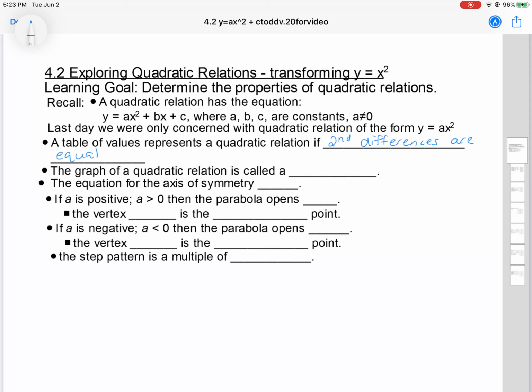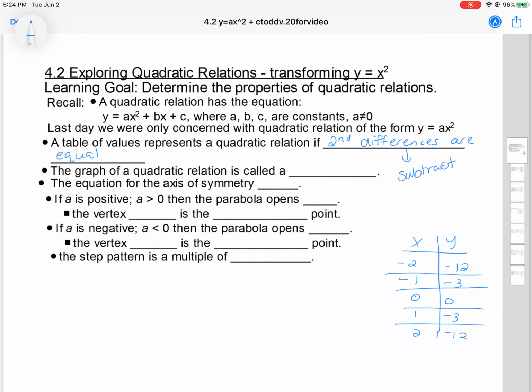Okay, so if you have a table of values, just sketch one in there. Although I didn't leave much room, sorry. Now the first differences would be the difference, or subtract, right? That's what difference means. So negative 12 minus 3 is negative 9.